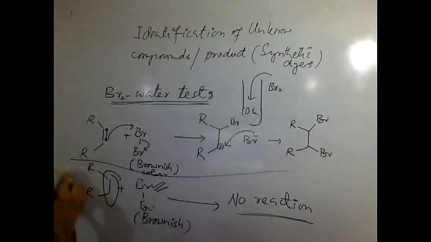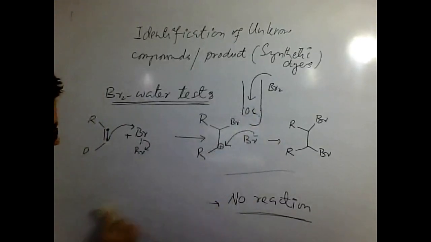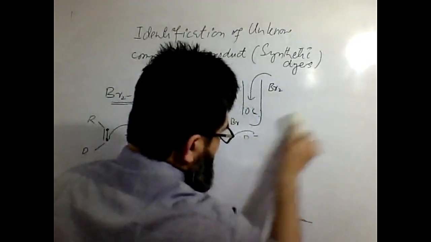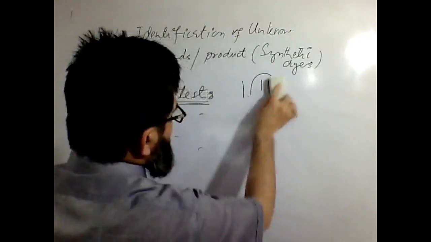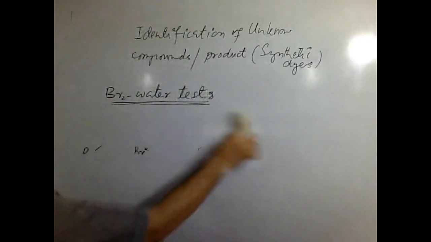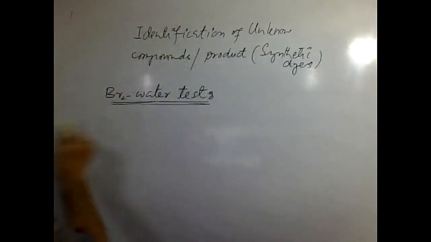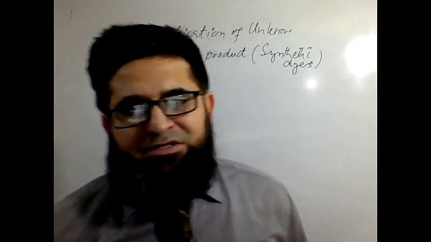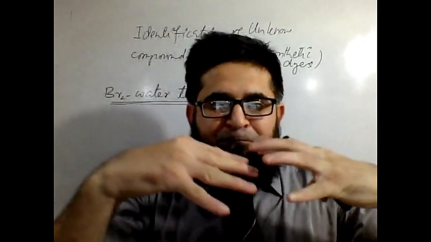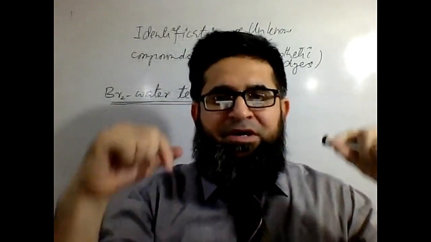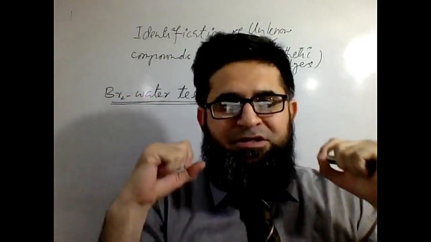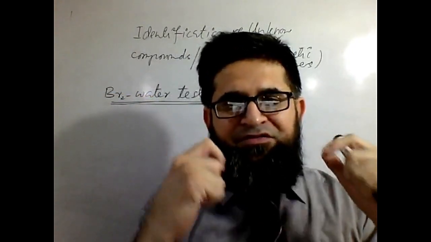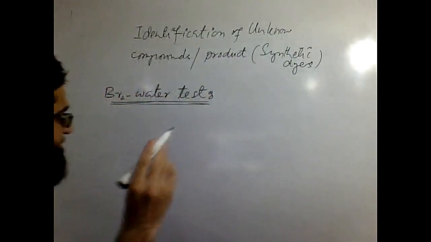This is how you can conclude from the test whether the compound carries single bonds or double bonds, meaning the presence of saturation or unsaturation. As I've told you, this test confirms only the presence of double or triple bonds, regardless of the functional groups.